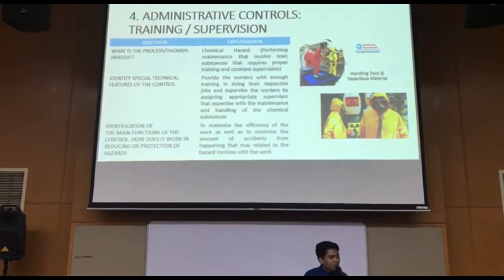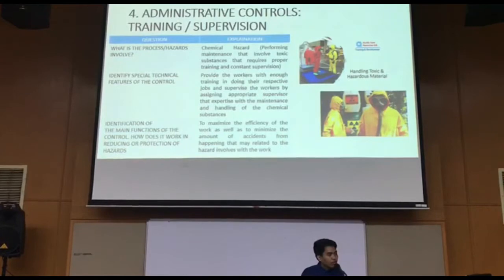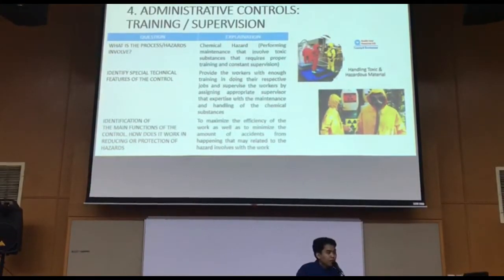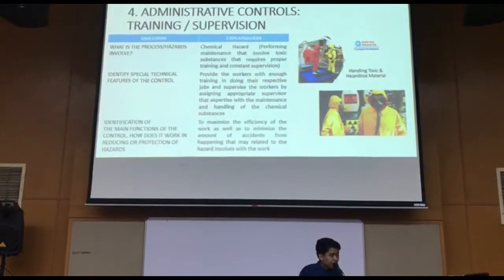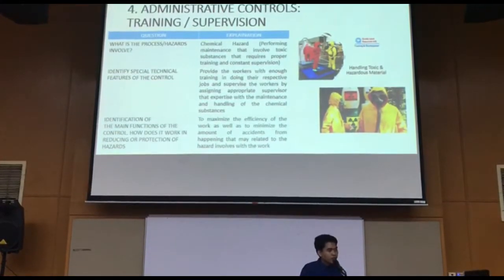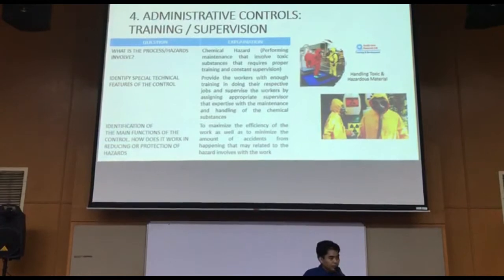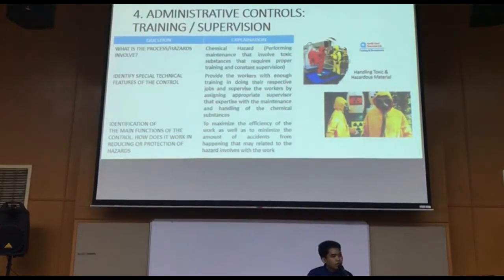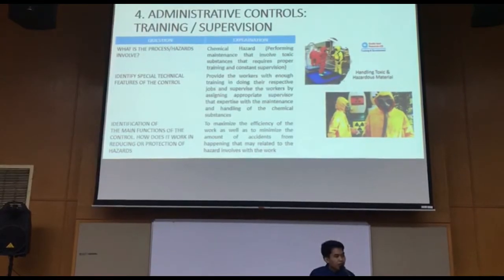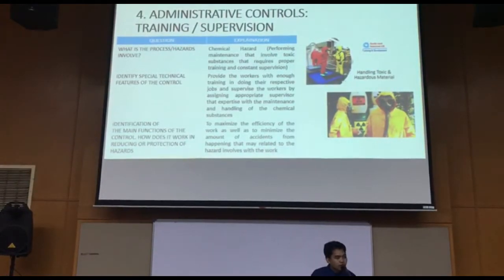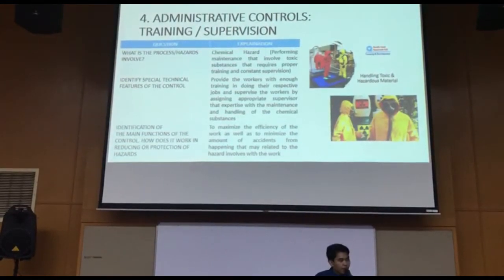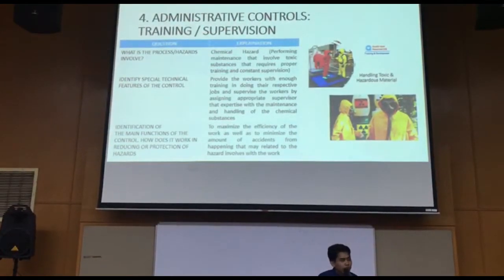Next is the administrative controls involving training and supervision. So what is the process and hazards involved? The process and hazard involved is chemical hazard. As you can see here, we have performing maintenance that involves toxic substances that requires proper training and constant supervision.